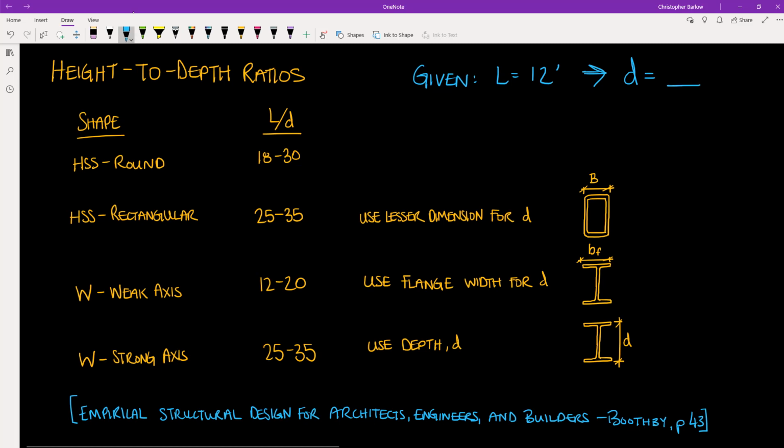And note that these numbers change a bit depending on the section that we're looking at. So we can have HSS round columns, HSS rectangular columns, wide flange sections that are controlled by buckling in the weak axis, and wide flange sections that are controlled by buckling in the strong axis.